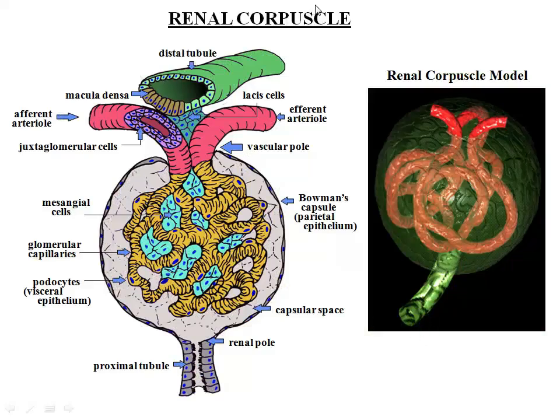Okay, so in the exam or in your notebook, you are supposed to draw this diagrammatic drawing of the structure of the renal corpuscle. Renal corpuscle means the part of the nephron which comprises the Bowman capsule and glomerulus together.